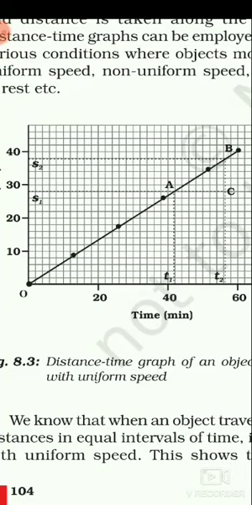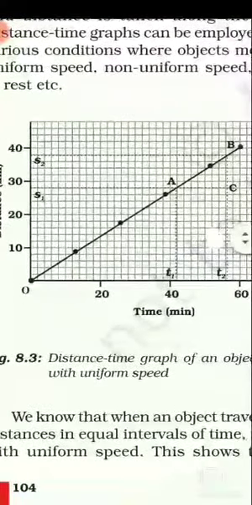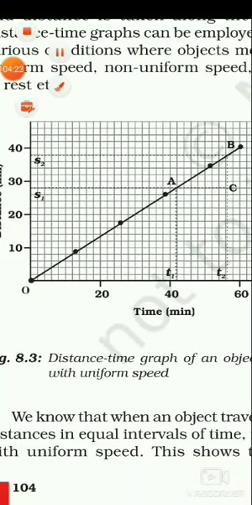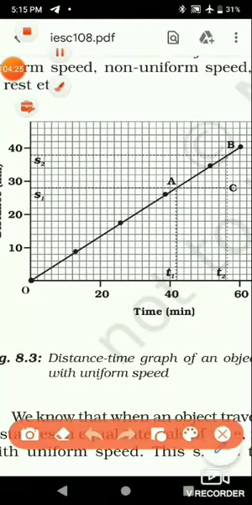So 1 division means here 2. So 2 kilometer. That means in 20 minutes it reaches this point, that means 10, 12, 14.